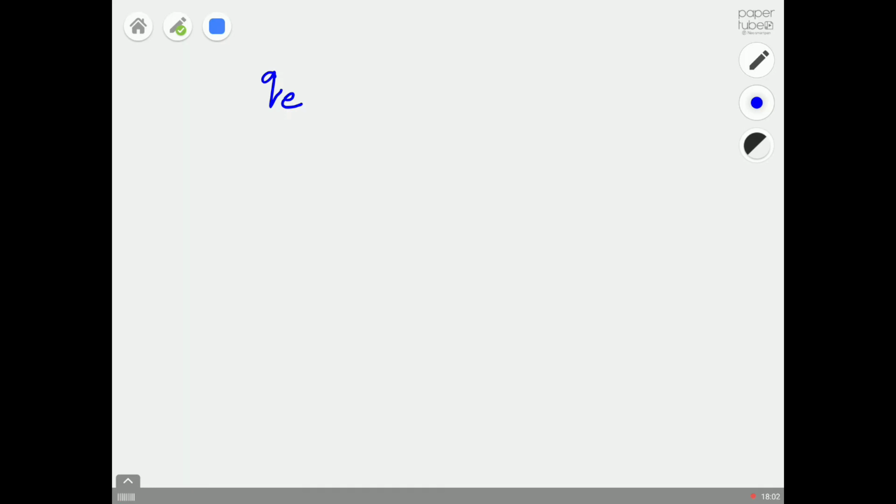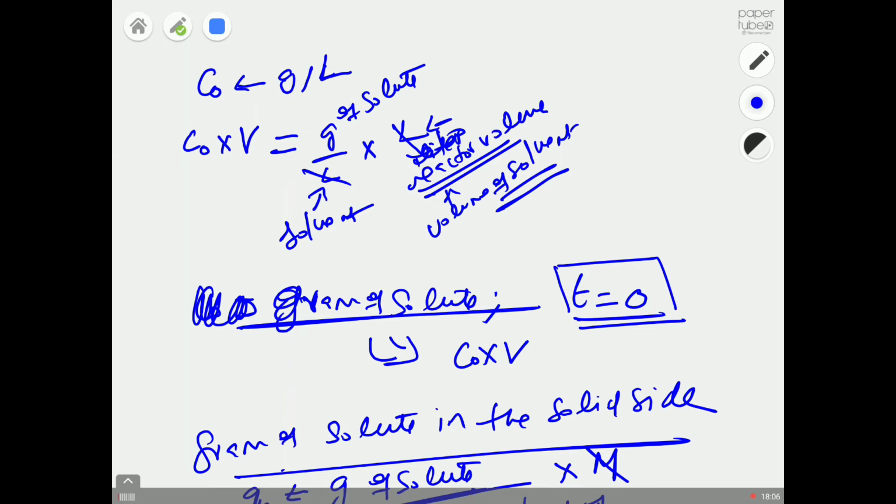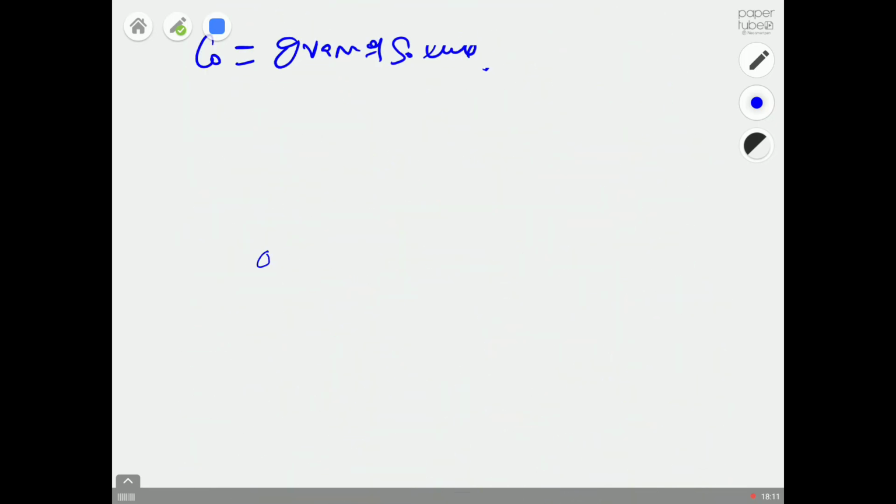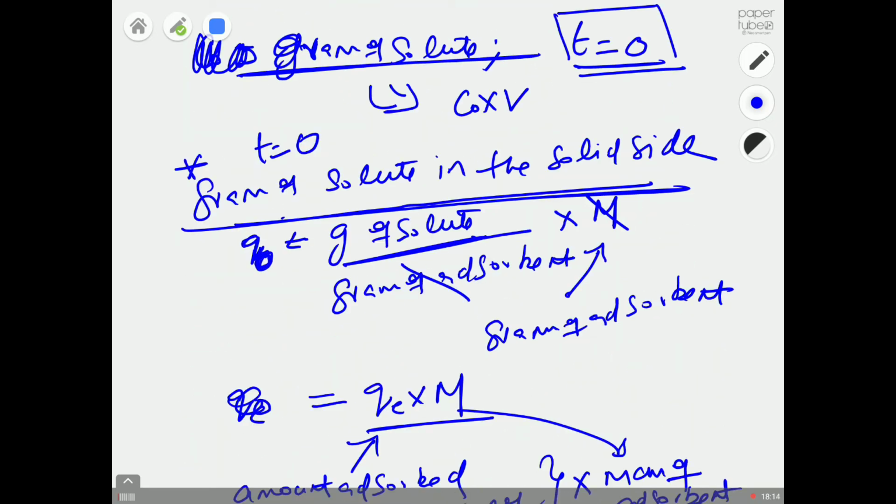Okay, let's go back. I think I have to use other notations. If we come back here, we have the grams of solute in the solid side when time t equal to 0. Let's use the notation Q0. Q0 refers to grams of solute adsorbed per gram of adsorbent.